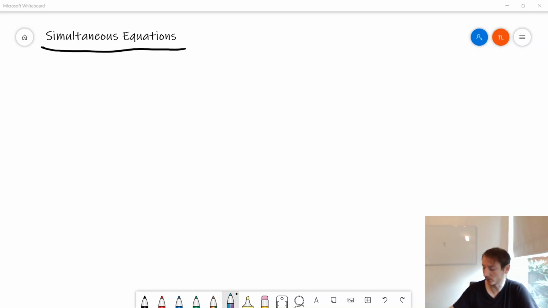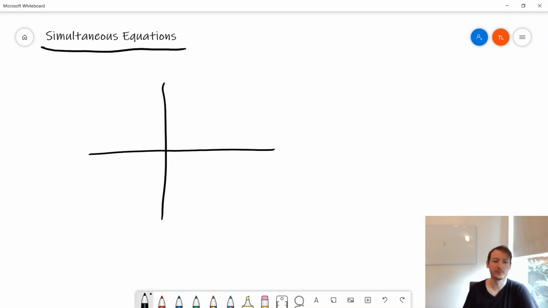So let me draw for you a nice and large Cartesian plane. Now when we draw a straight line, you might recall I've said it several times, what we're actually doing is plotting the solutions for an equation, and each solution has an x value and a y value.